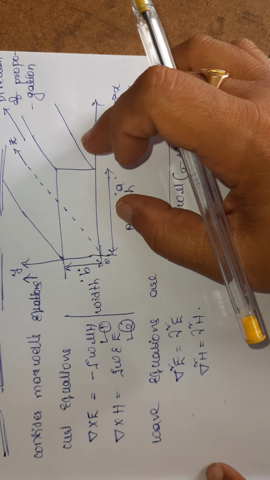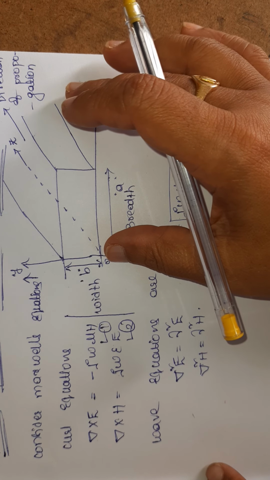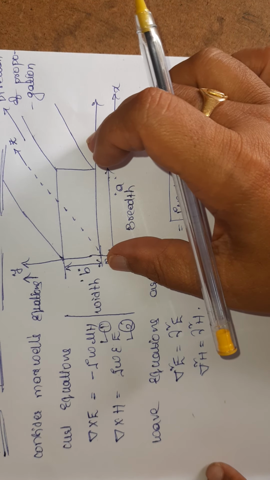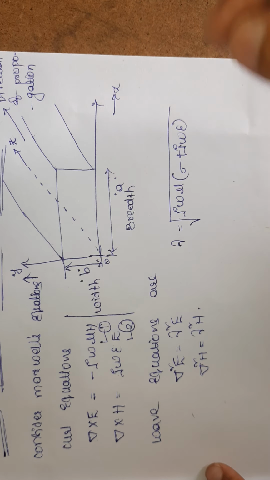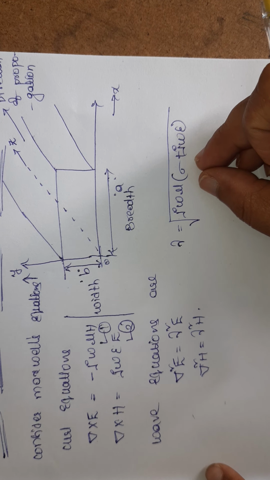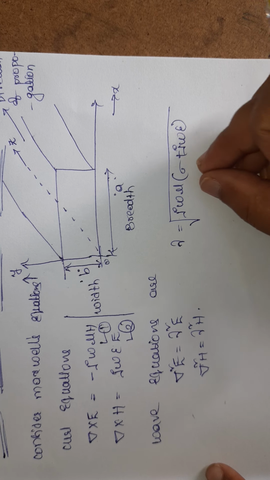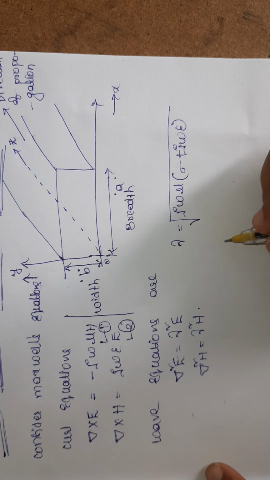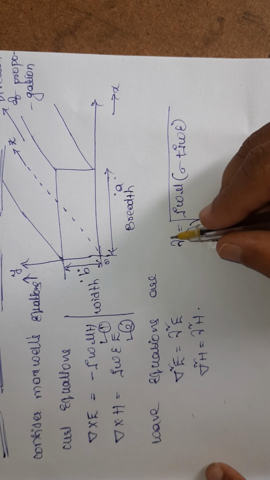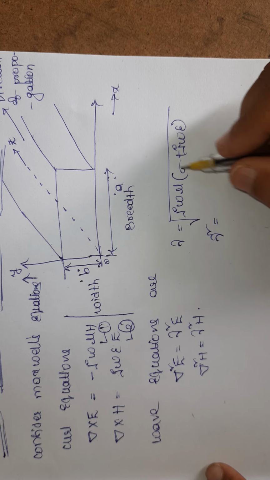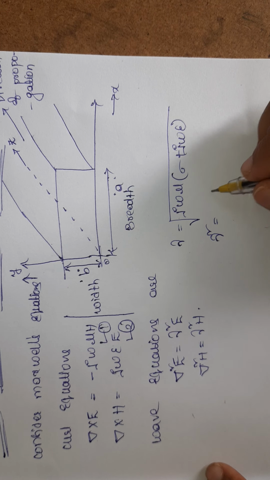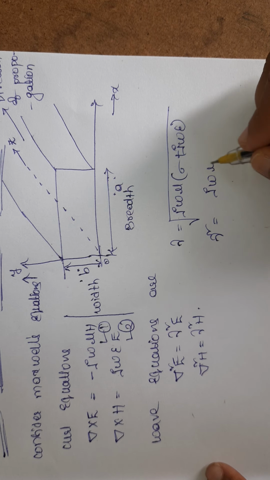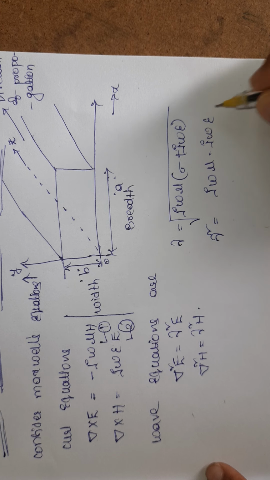In free air, what is the conductivity? If there is no conductor, there should be no conductivity, so sigma is equal to 0. If sigma equals 0, what is gamma square? The square and root cancel, and with sigma equal to 0, I get j omega mu into j omega epsilon.